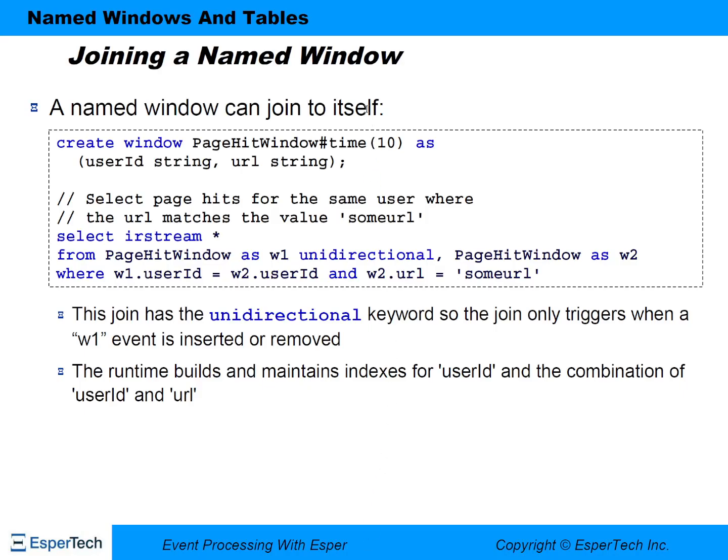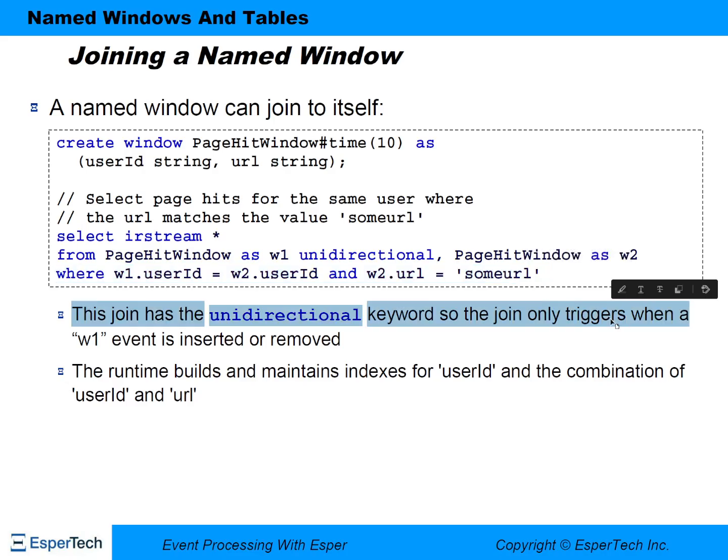A named window can join to itself. The example creates a window to hold page hit events for the last 10 seconds. The join selects page hits for the same user where the URL matches the value someUrl. Select irstream * from PageHitWindow as W1 unidirectional, PageHitWindow as W2 where W1.userId = W2.userId and W2.url = someUrl.